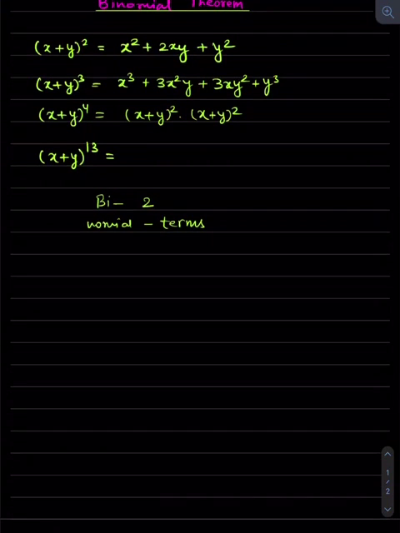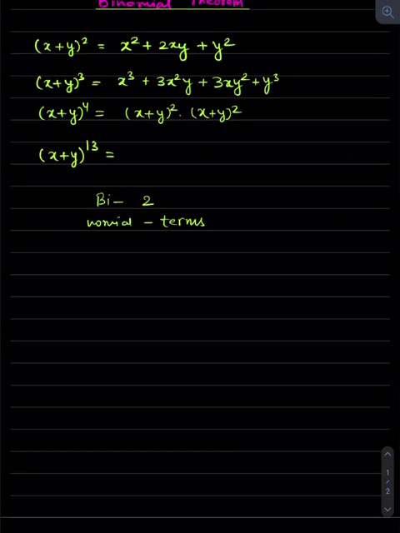Okay, so there is no specific rule that there should be only two terms, then only we can use binomial theorem. If there are three terms, suppose a plus b plus c whole square, then here also we can use binomial theorem. How?